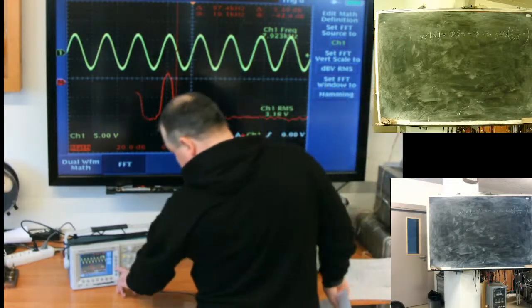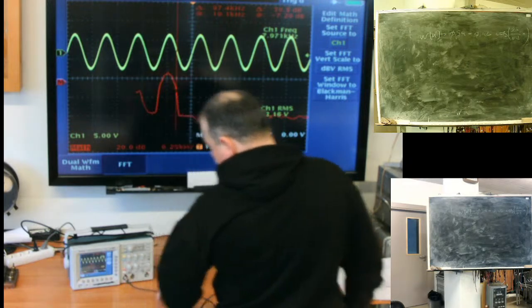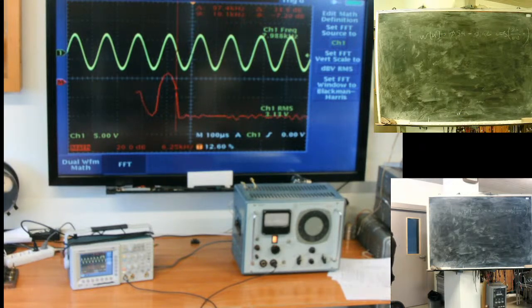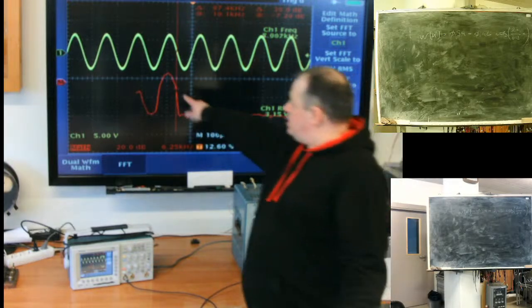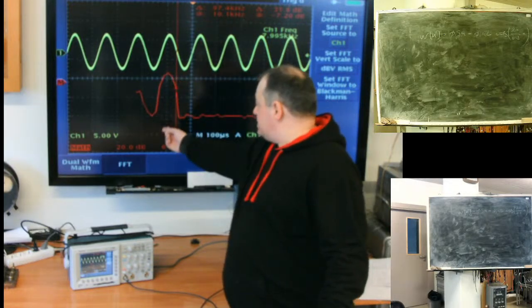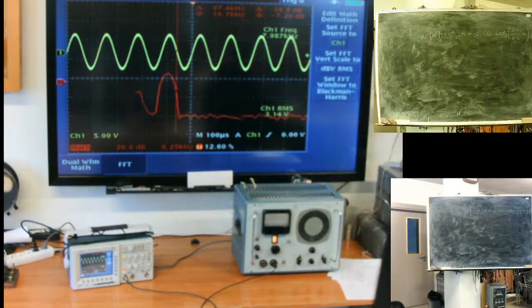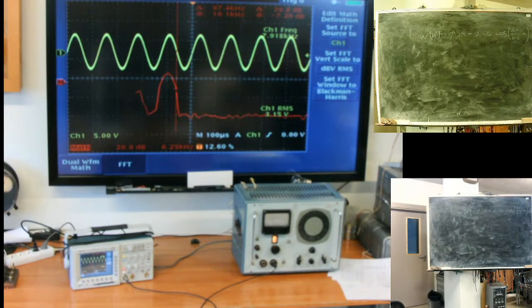More ideas. Blackman-Harris. Another kind of special observation window. It gives me a point to measure frequency. This central lobe is wider. Blackman-Harris, where are you? Yeah.